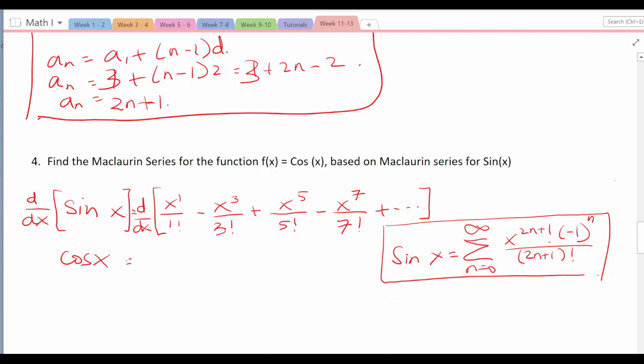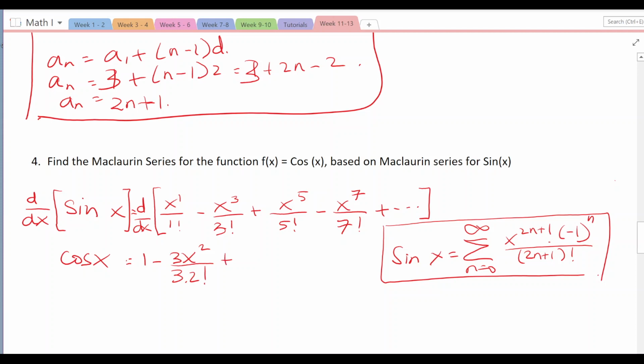So cos x will be equal to the derivative of x with respect to x, which is simply 1, and then negative 3 times x to the power of 2 over 3 factorial, which you can write as 3 times 2 factorial.